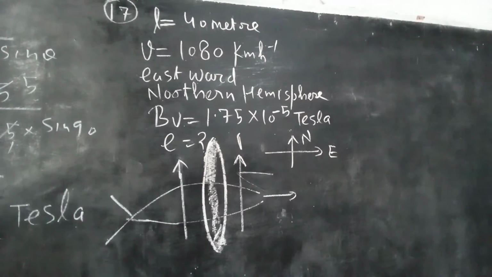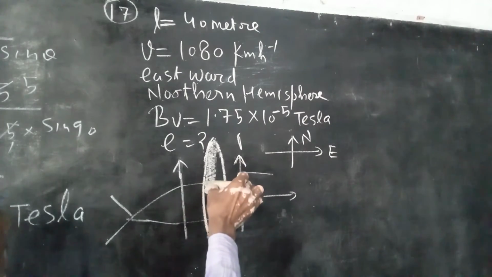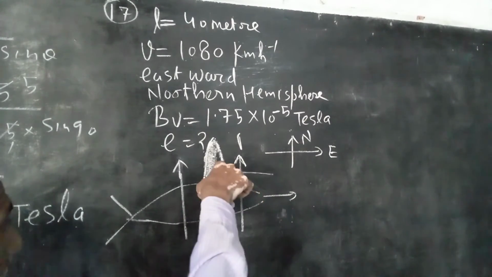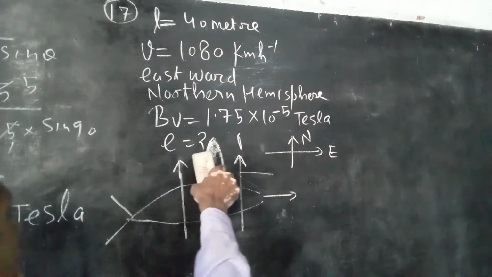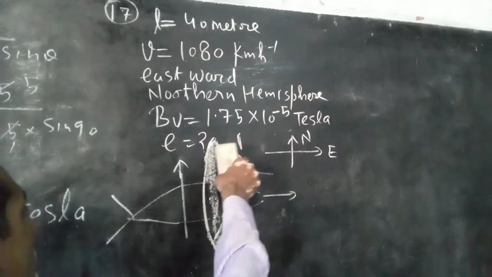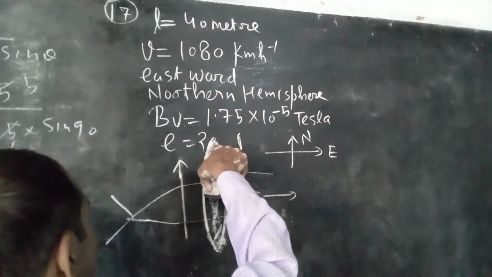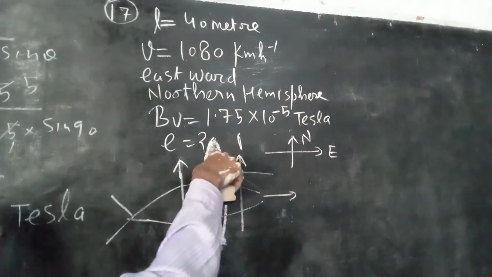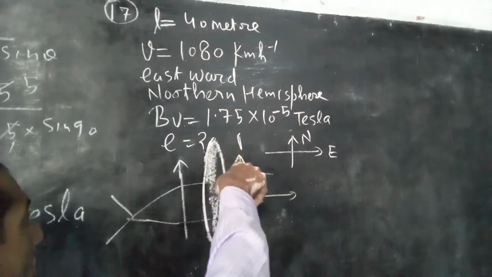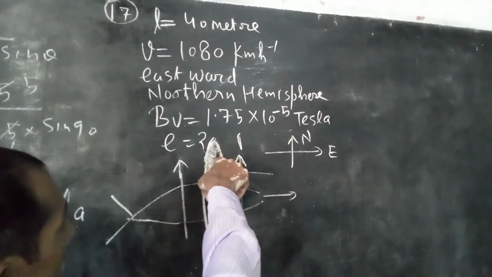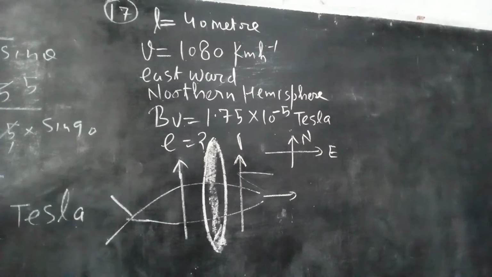Its vertical component will be perpendicular to the wings, like this. And the wings are running in this direction, so they cut this vertical component. So when the wings cut the vertical component of the magnetic field, an induced electromotive force is set up across the ends of the wings.